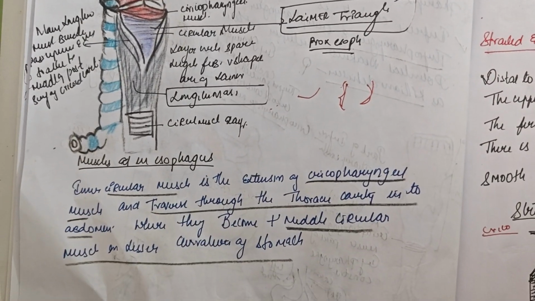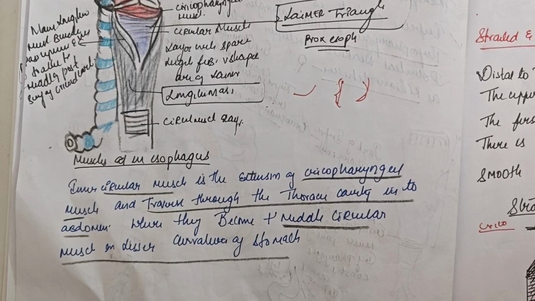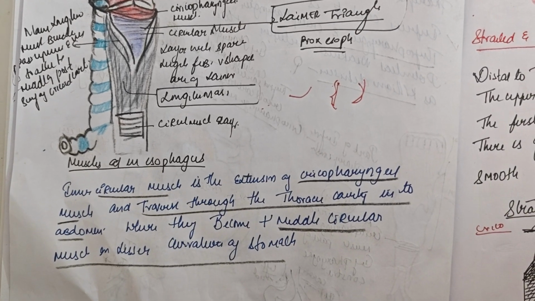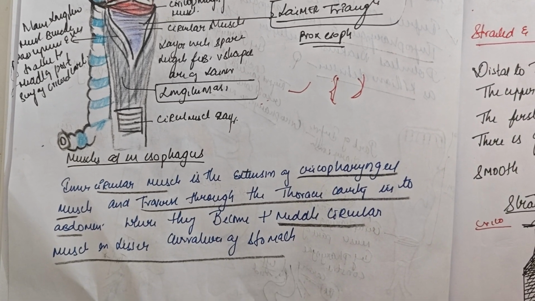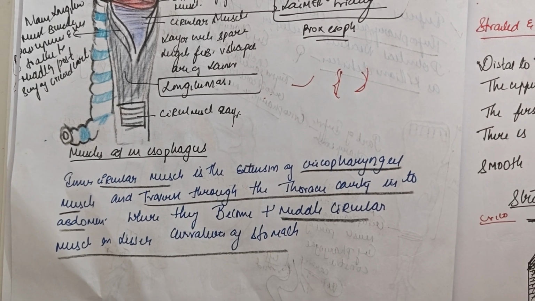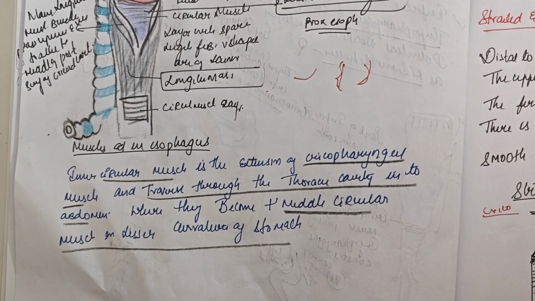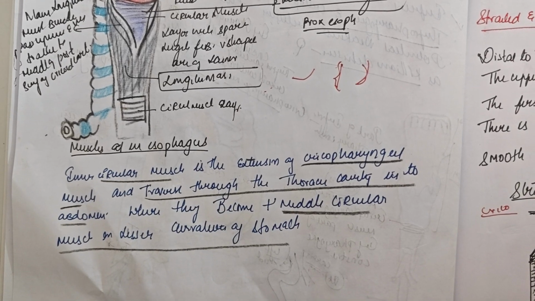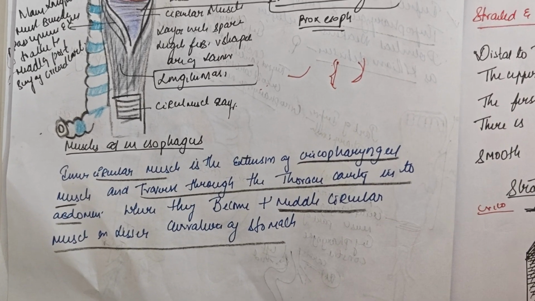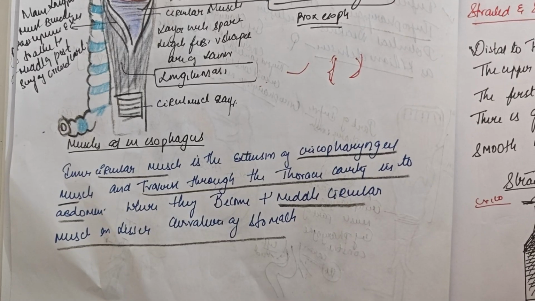Now, muscles in the esophagus. The inner circular muscles are the extension of the cricopharyngeus muscle and traverse through the thoracic cavity into the abdomen, where they become the middle circular muscles on the lesser curvature of the stomach. Now, what is it trying to tell us? Just remember that.